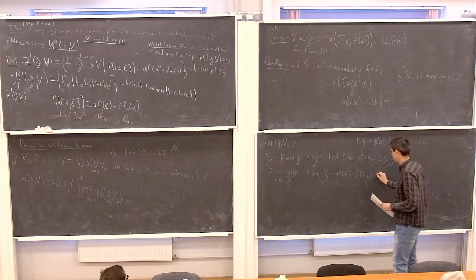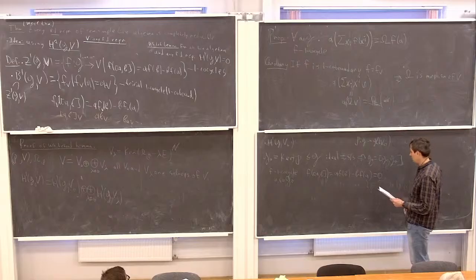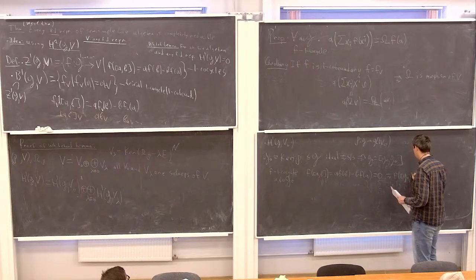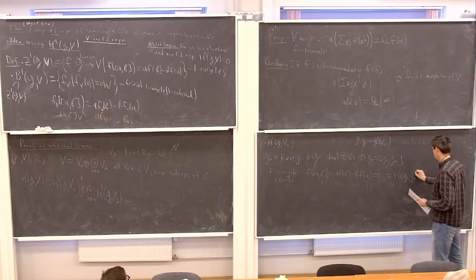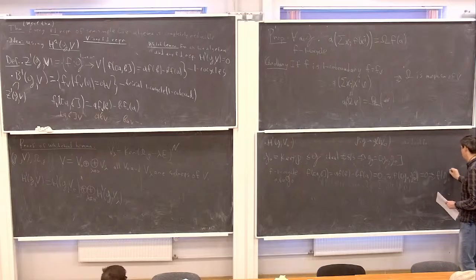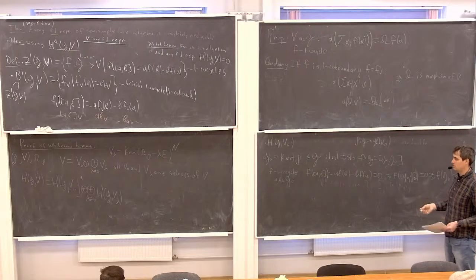Because it acts by 0. Therefore, f of g0 is 0. So, in other words, any one cocycle is 0 on g0.